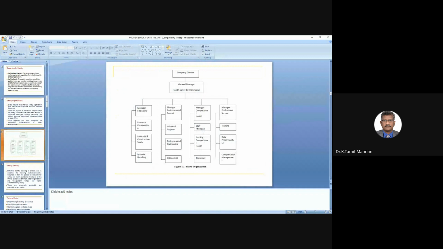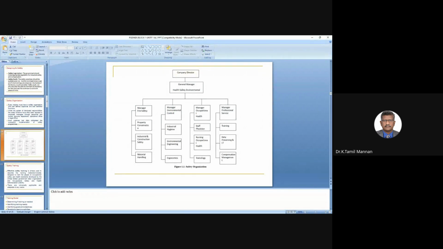So this is the safety organization. It varies from industry to industry according to the level, size, or scale of the industry. There is the managing director, executive director, or whatever it may be, then the general manager of safety. The safety department has 4 different sections. The manager in fire safety deals with property conservation, industrial and construction safety, and material handling.